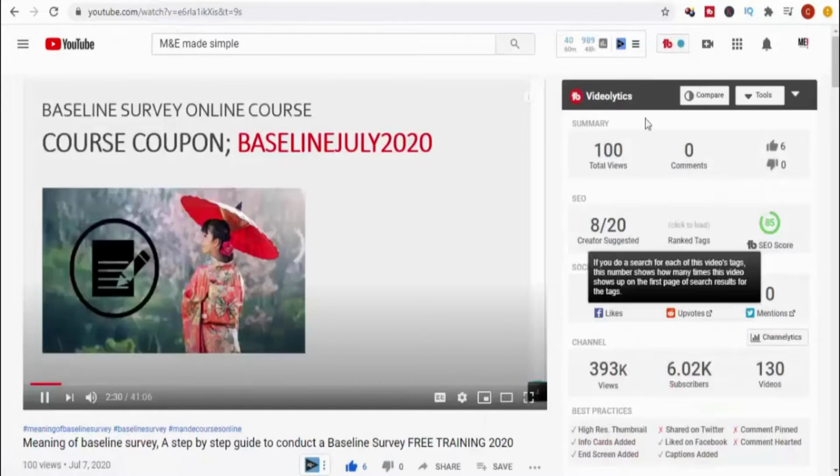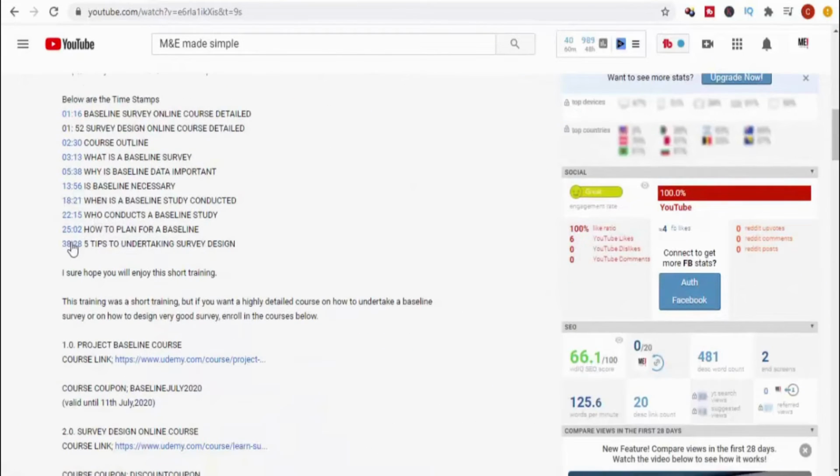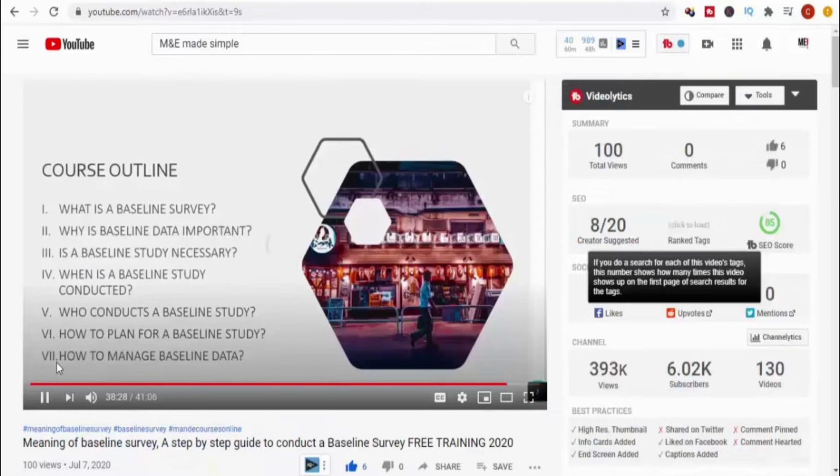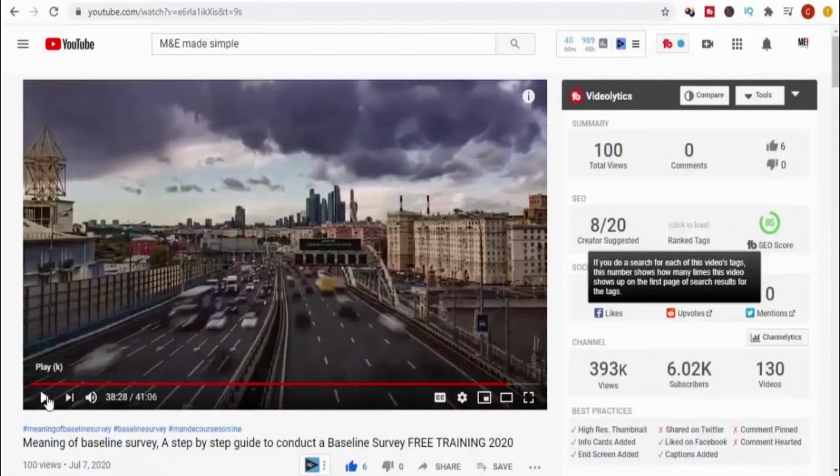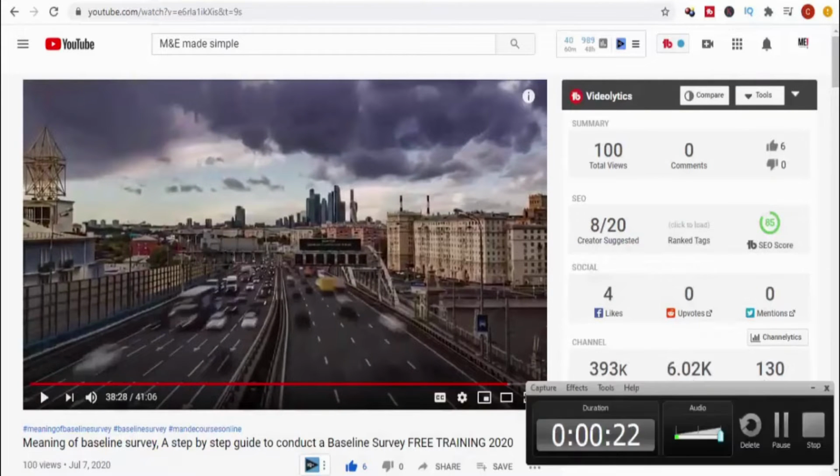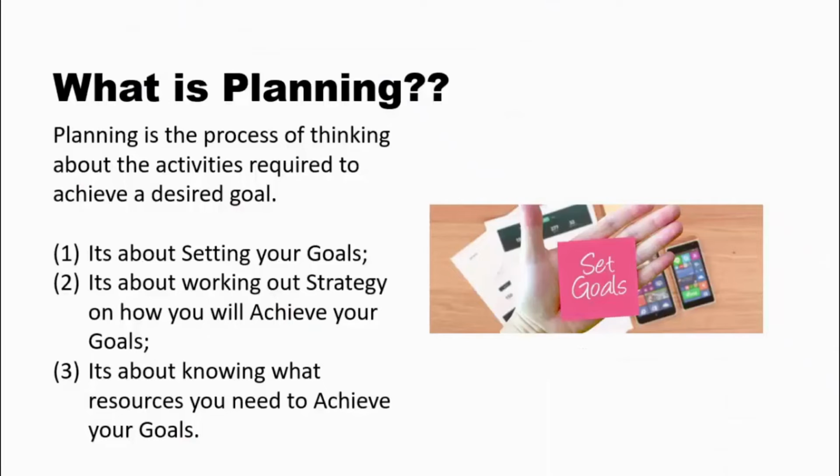Before I go any further, I want us to talk about planning. Planning is such an important thing in our lives because whatever we do, we are constantly planning what we want to do. In a nutshell, I like to define planning in terms of three important components. It's a process of setting our goals. You always have goals that you want to achieve in life.